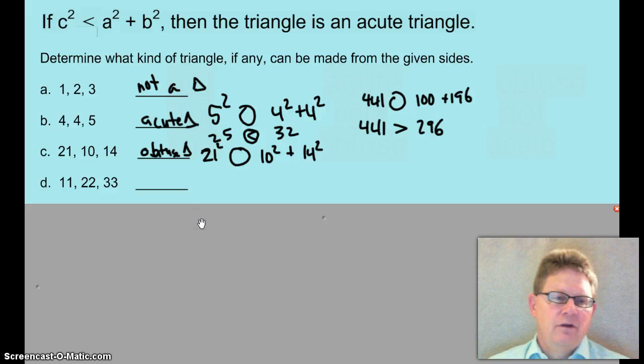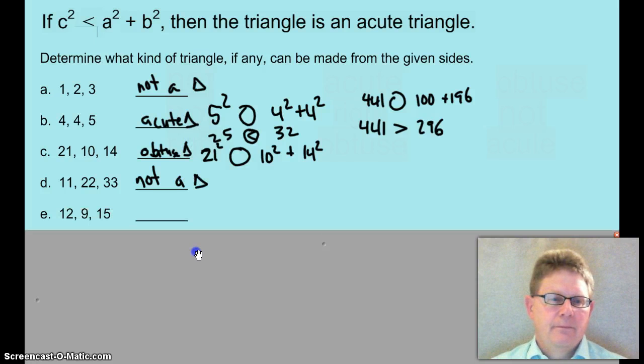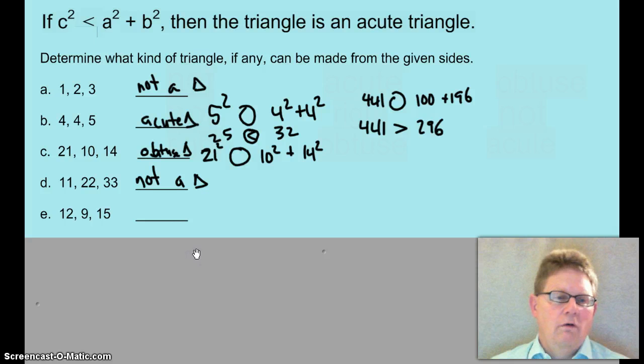Okay, 11, 22, 33. 11 plus 22 is 33. It needs to be more. Not a triangle. Okay, 12, 9, 15. 15 is the biggest side. 12 plus 9 is 21. That's greater than 15, so it can make a triangle.